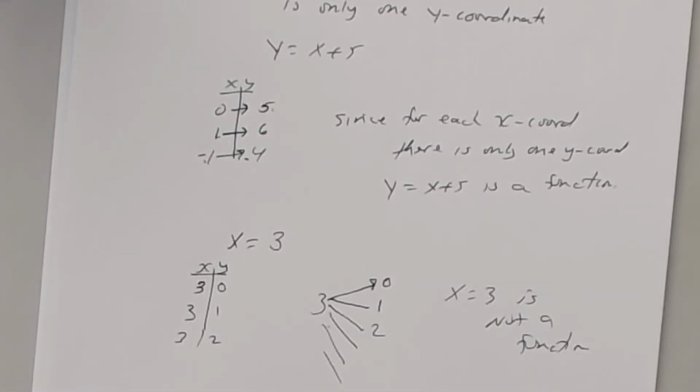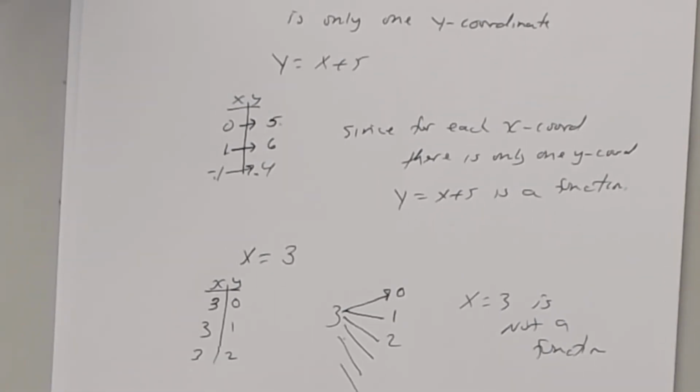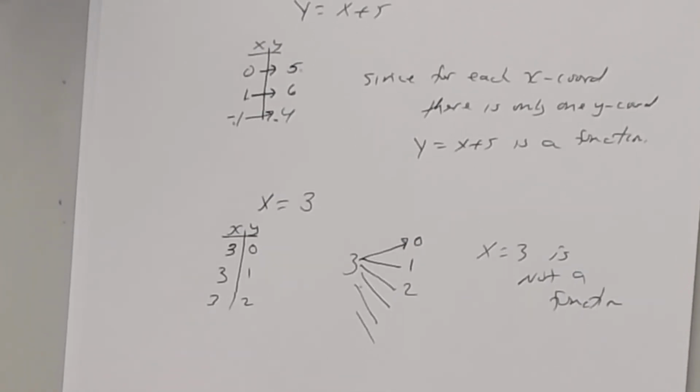There will be some notation that we're going to use as we go through this. Functions are very important, especially next semester. Most of what we're doing here is not going to be dealing with functions. It's only the beginning of the semester where we talk about functions, but in college algebra, it's almost all functions.